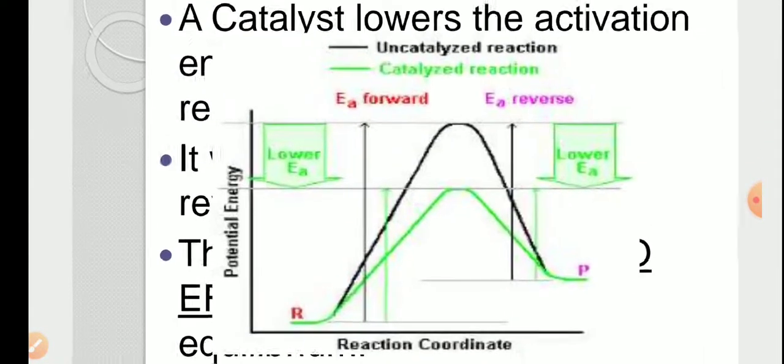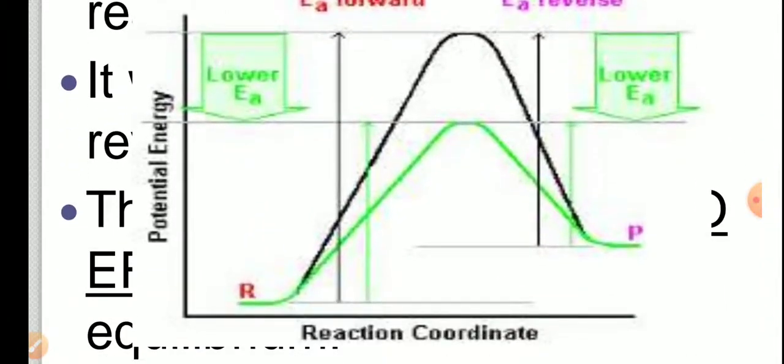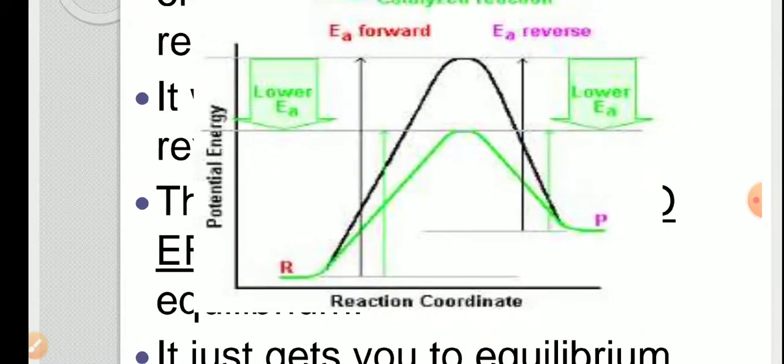If you look at the diagram of a particular reaction, the black line represents the reaction pathway without catalyst, and the green line represents the reaction in the presence of catalyst.